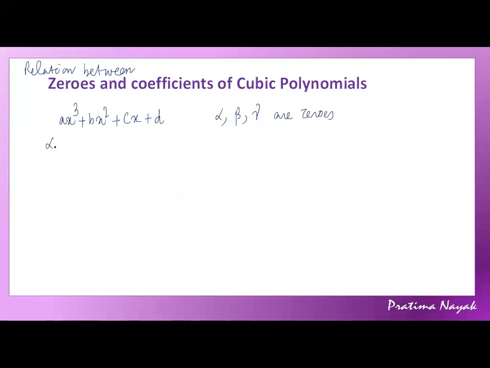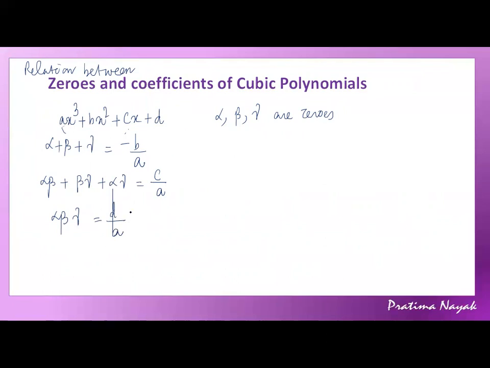Now the sum of these zeros, alpha plus beta plus gamma, is equal to minus b by a. And when I take two at a time, alpha beta, beta gamma, alpha gamma, it will be c by a. And alpha beta gamma is equal to minus d by a. So this is the relation between zeros and coefficients of a cubic polynomial.